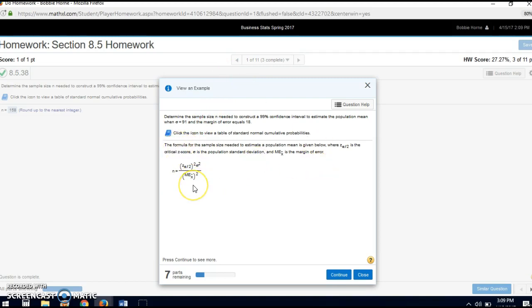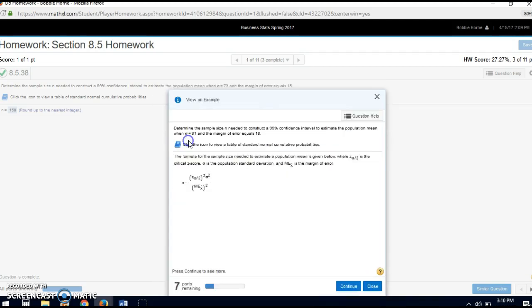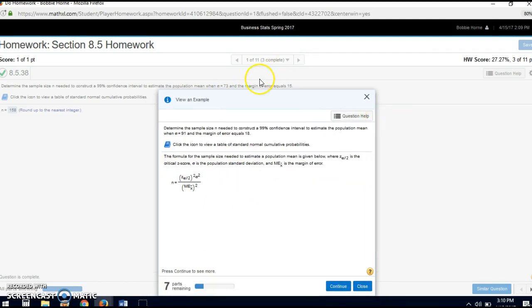First of all, you have your z value. You're going to take whatever your alpha is and divide that by 2. So the way we figure out what that value is, we take the number 1 and we subtract our confidence interval.